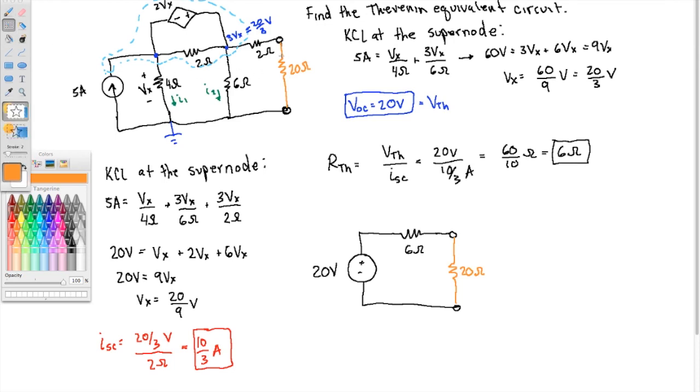And maybe I change the load resistor, maybe instead of 20 ohms I connect 60 ohms. So do you want to analyze this circuit again, or would you rather analyze the Thevenin equivalent circuit? This one. Hooray! It's much simpler. So yes, we had to do the legwork, but once we get there, we can analyze this one instead of this guy.